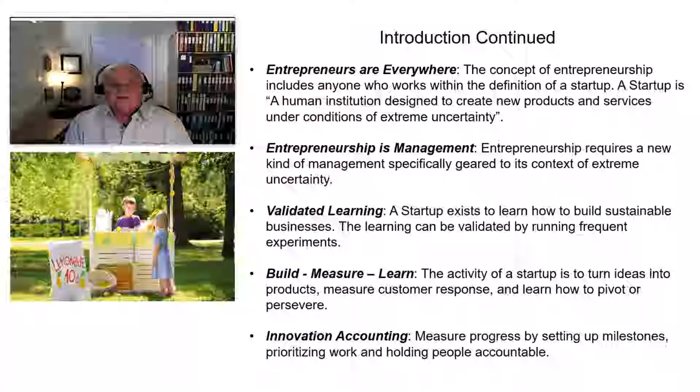That this learning can be validated by running frequent experiments. And experiments are something we're going to pull at and show you how you run an experiment in an entrepreneurial environment. And at what point in there do you pivot and move on to something else because you've identified that this is not going to be a venture that's going to be successful?